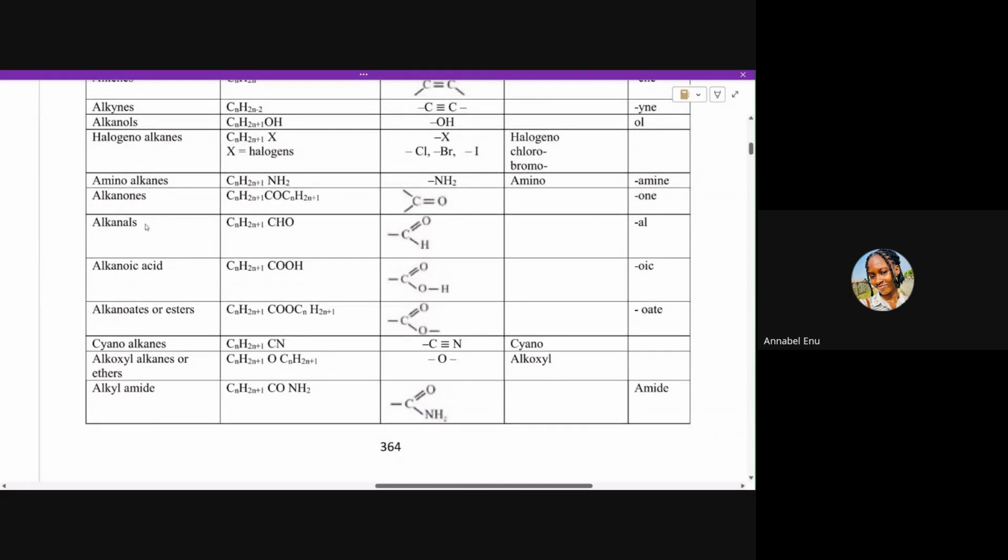Now this one is also called aldehyde. One is the old name, the other one is the new name. Then this is also called ketone, and this is carboxylic acid.